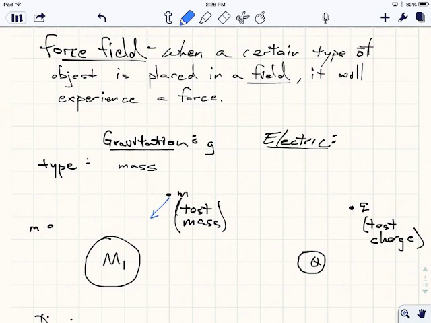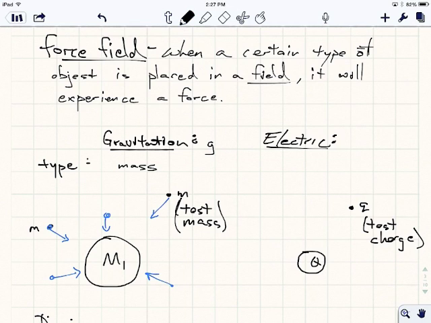And we can likewise place it out here, and it will accelerate towards it. In fact, if we place it anywhere near the mass, it's going to accelerate towards this large mass M. So that's what the gravitational field looks like in the vicinity of this large mass.